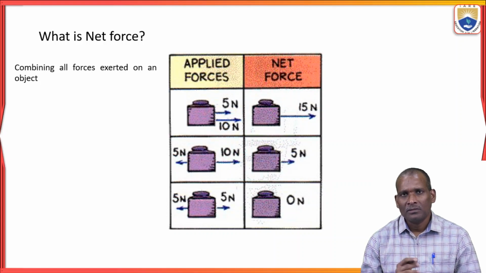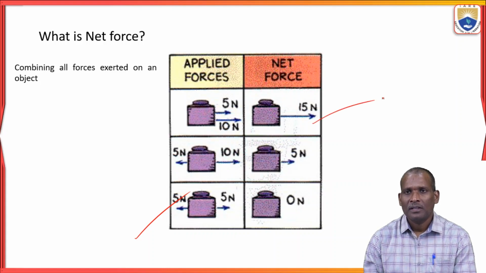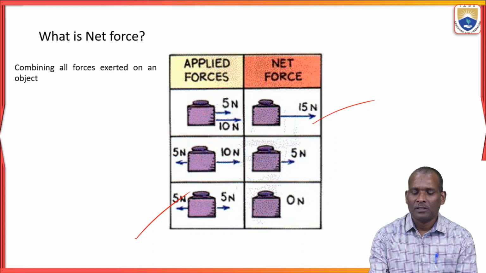The total gives the net force. Here are some examples. Here the applied forces are 5 newtons and 10 newtons, so the net force is 15 newtons. Why? Because the two forces are applied in the same direction.